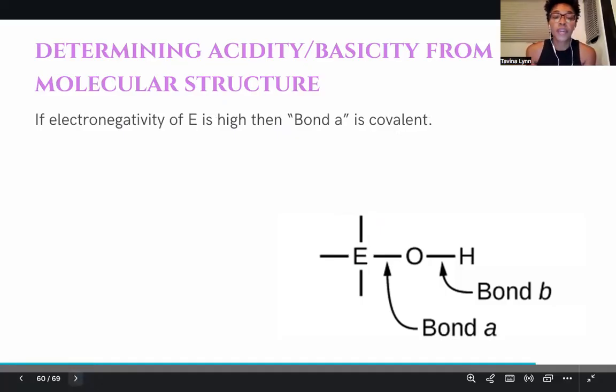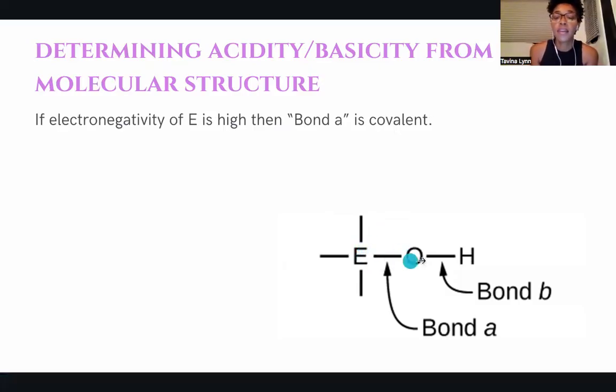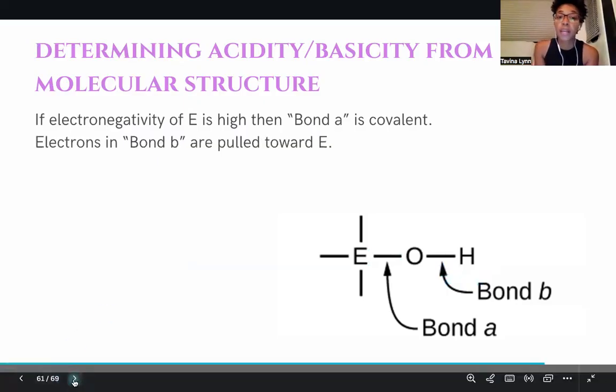Now, if the electronegativity of element E is high, then this bond between element E and oxygen will be covalent, right? And a covalent bond is pretty strong, so it won't break. Instead, bond B will break and we would release H pluses into solution, right?